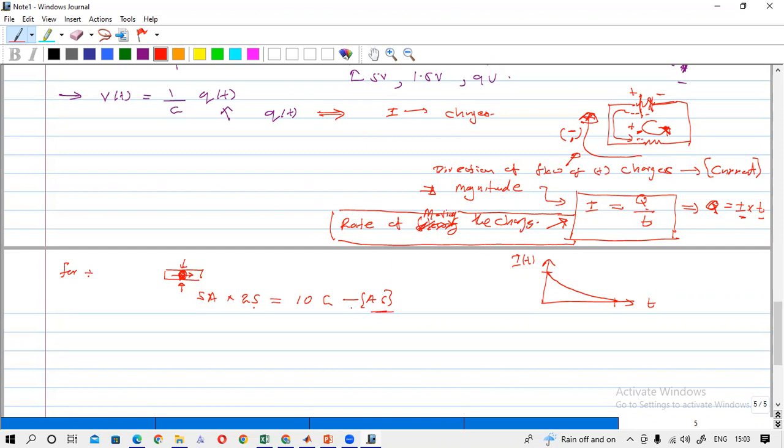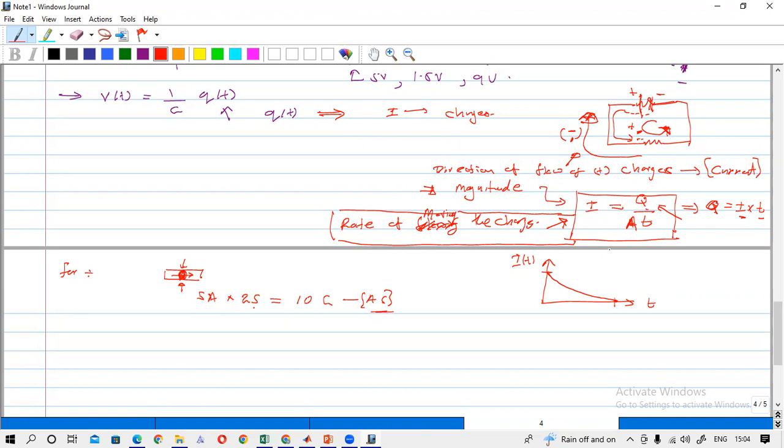I think this is a charge density, no? This should also be divided by A. If you consider a conductor, this I is defined as rate of change of charges per unit area.